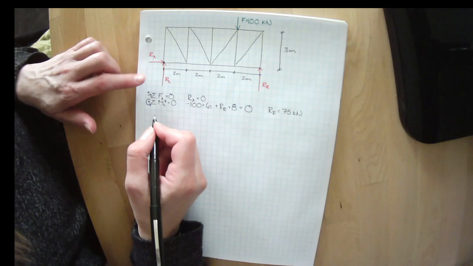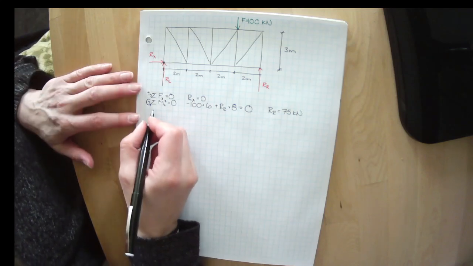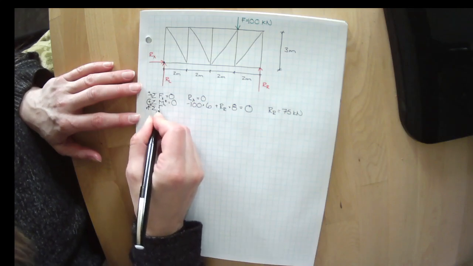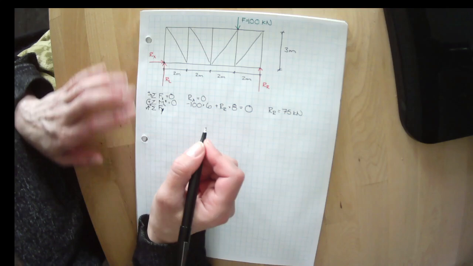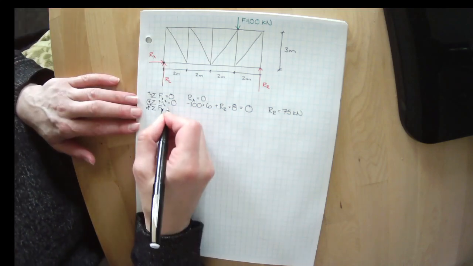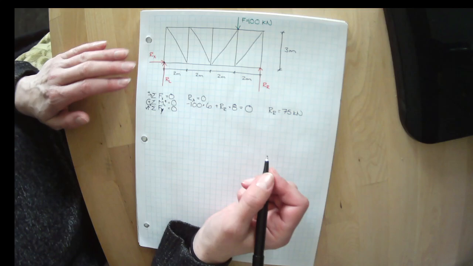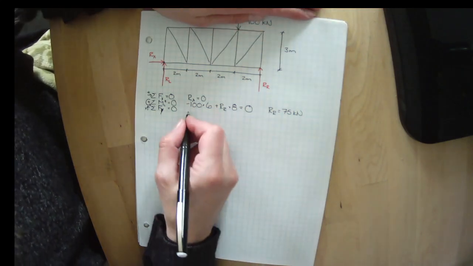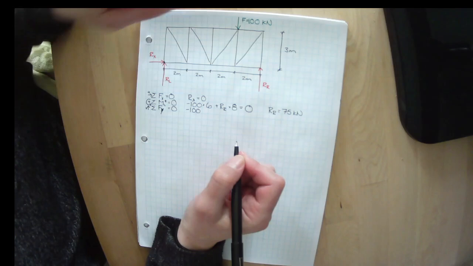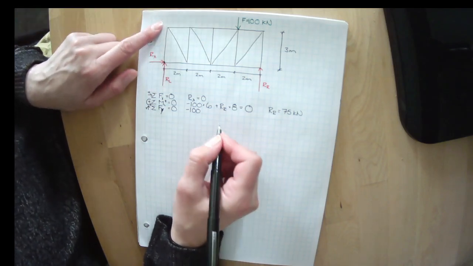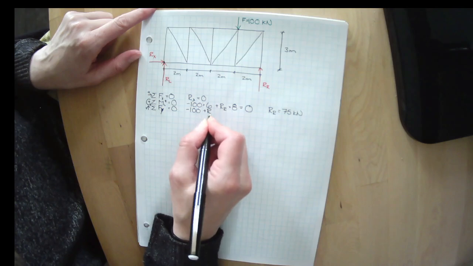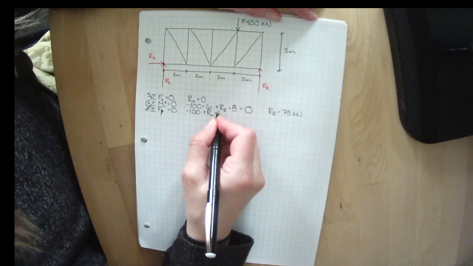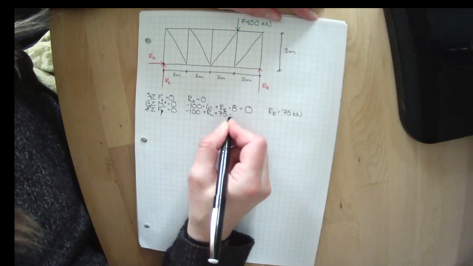We have another equation. We still haven't solved for RL. We can sum the forces in the y direction, where everything upwards is positive, and we want to know what it takes for this object not to move up and down. Well, we have 100 kilonewtons pointing downwards, so minus 100. We have RL going upwards, and we have RR going upwards, but we've already solved for RR, plus 75.